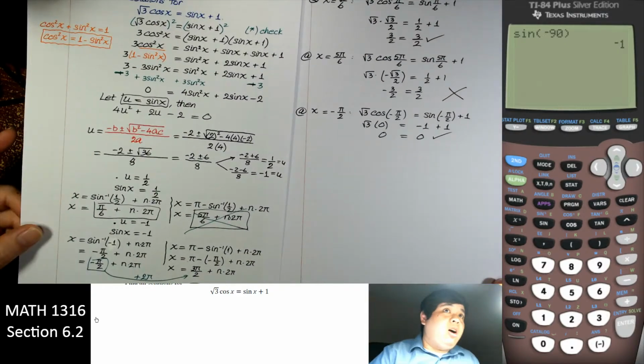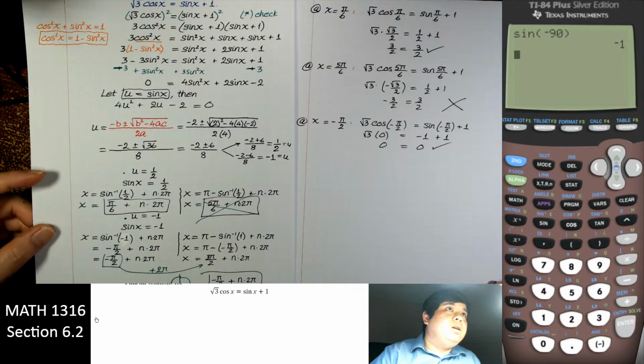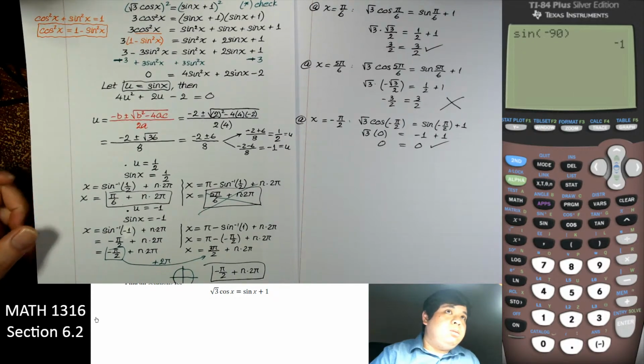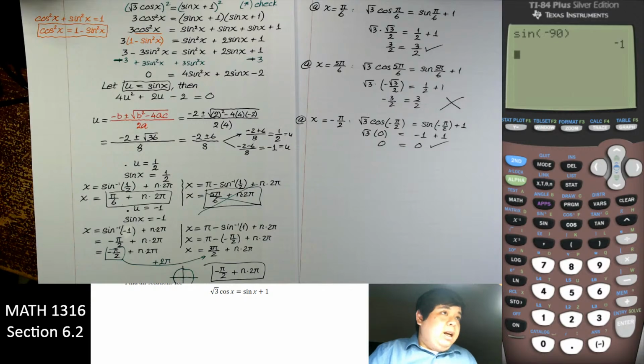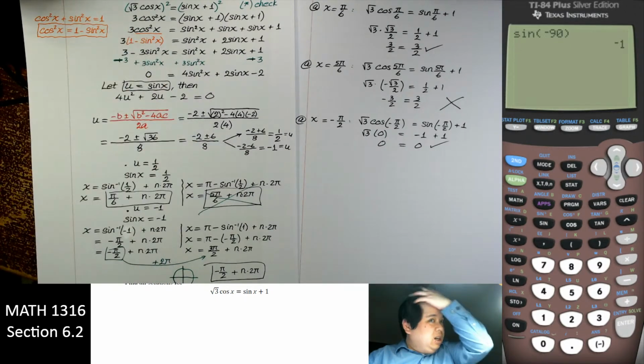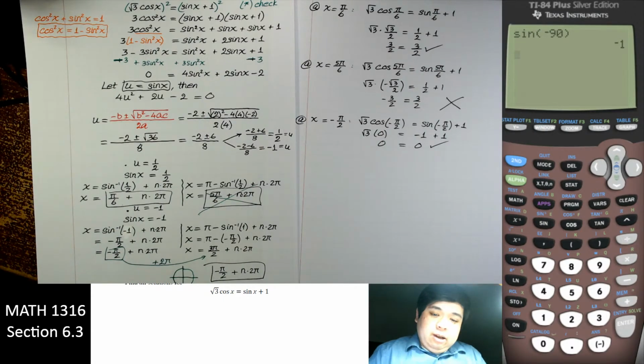And this is an extremely long problem. So when we have cosine and sine, we need to square both sides, and then we have to check the answer.